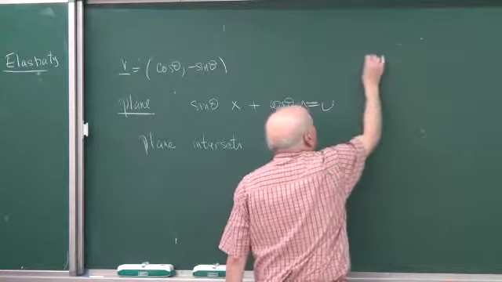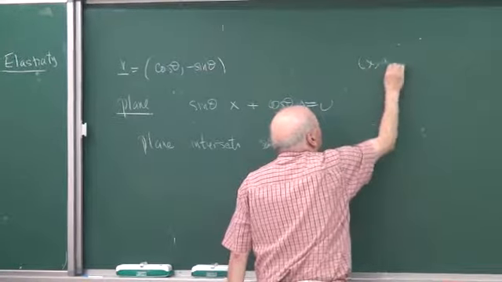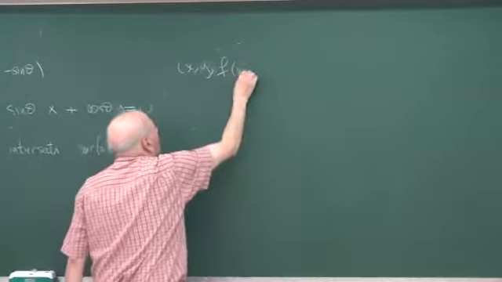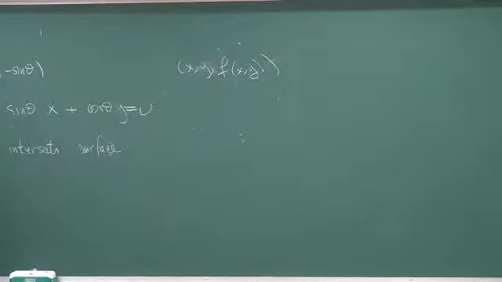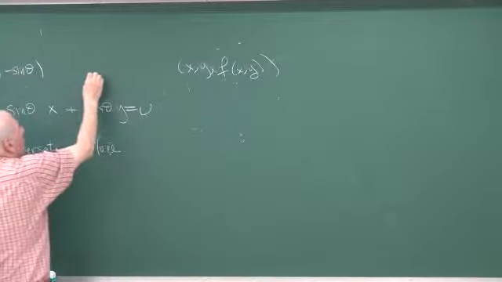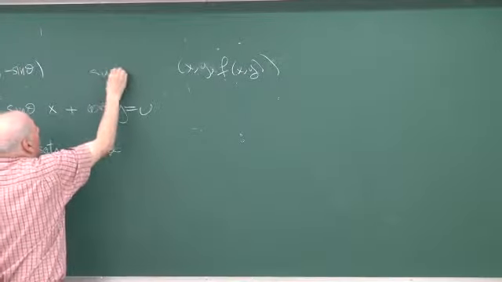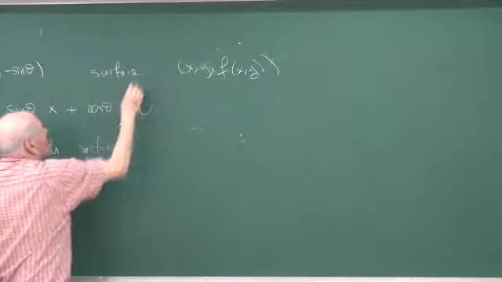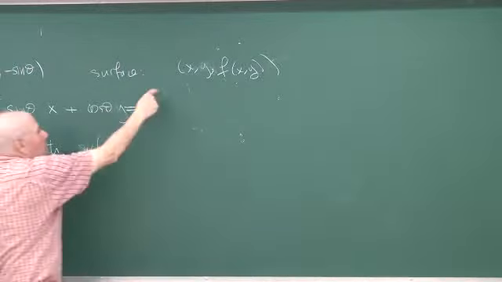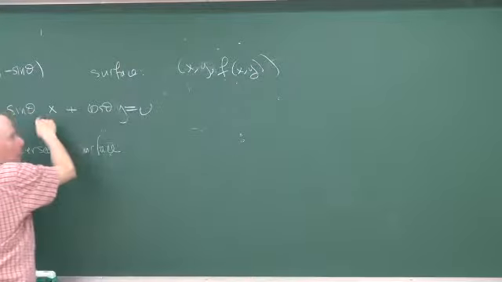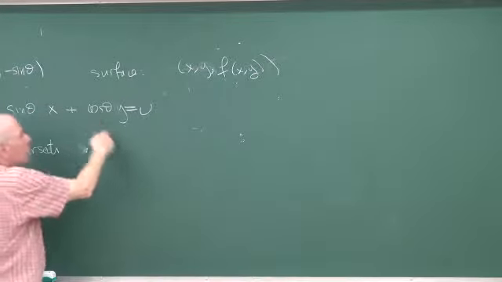Remember, the surface had points x, y, f of x, y. This is the formula for the coordinates of the surface. If I have to get rid of either the x or the y, I'll get rid of the y. So the intersection means wherever I see y, I have to use the formula.